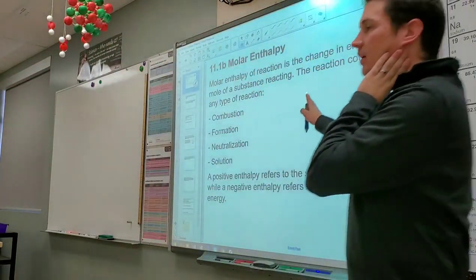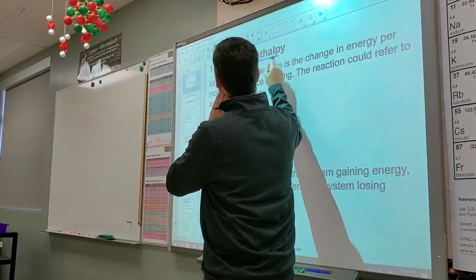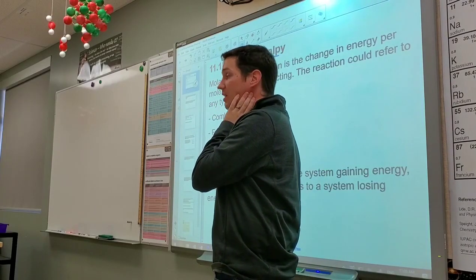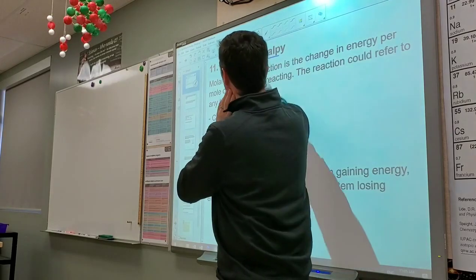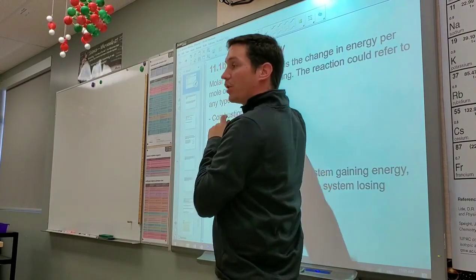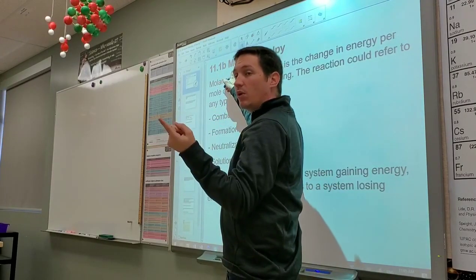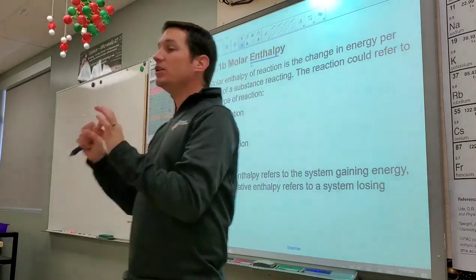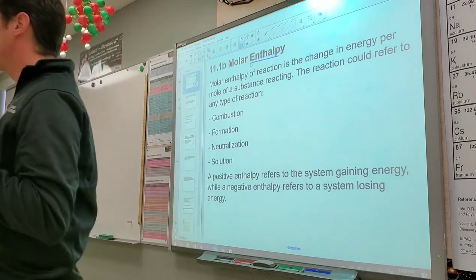Molar enthalpy, remember, enthalpy just means what again? Change in energy, right? So this is the change in energy per 1 mole of that substance. That's all it means. We're still using unit analysis.